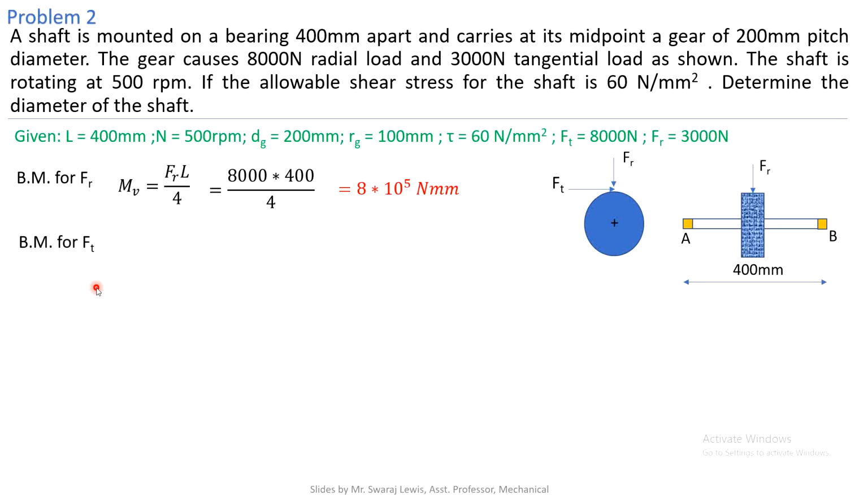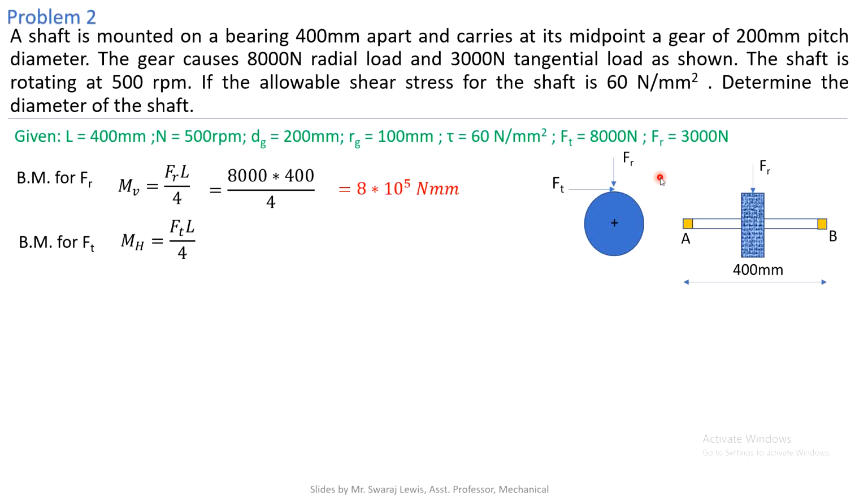Now we will consider the tangential load. In the sketch it is shown from left to right. The sign convention is, if you are viewing the image from the front view, any load acting towards you, in your direction, will be taken as negative.